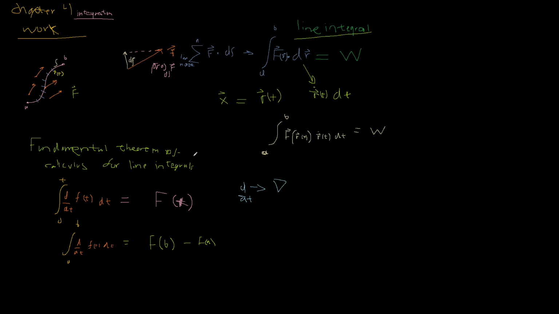So what this fundamental theorem of calculus for line integrals tells us is that the integral from a to b of nabla f dot dr is equal to f of b minus f of a. And that's what that tells us.